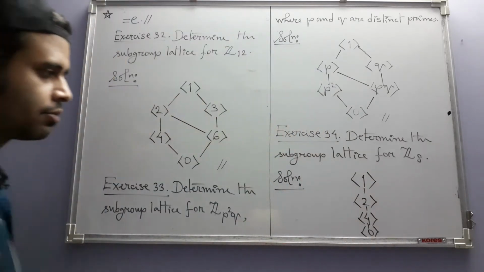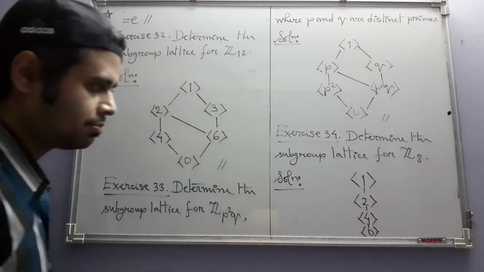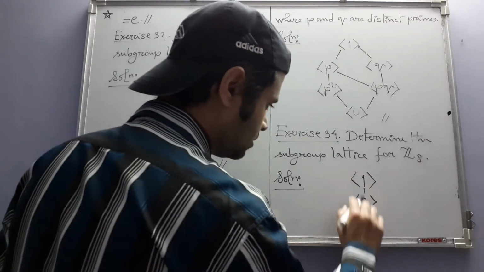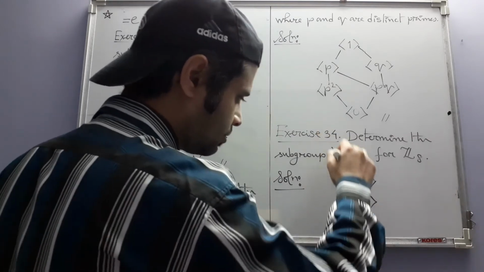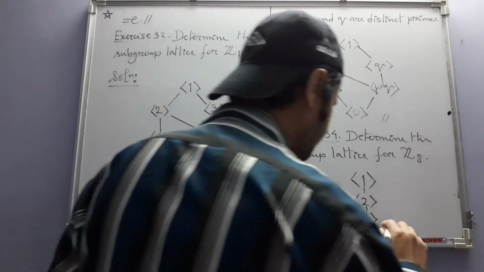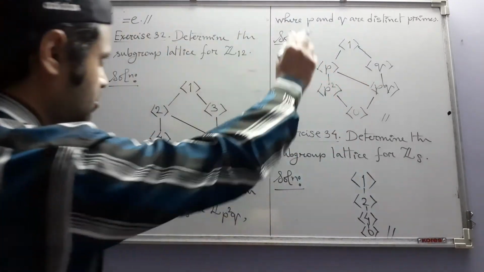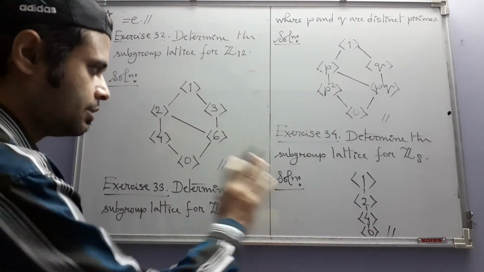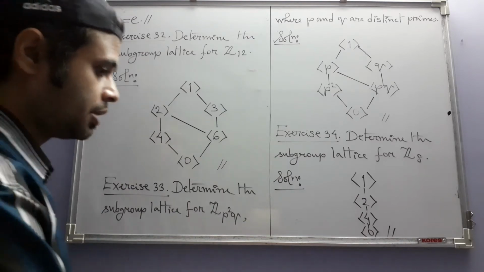Because of lack of space, I'm not able to show it properly, but you can see that it goes vertically downward like this. And just like the previous exercises, this one also has a general version.